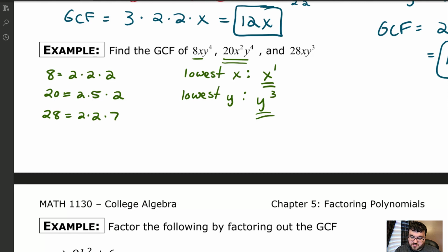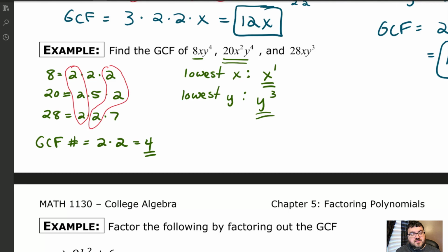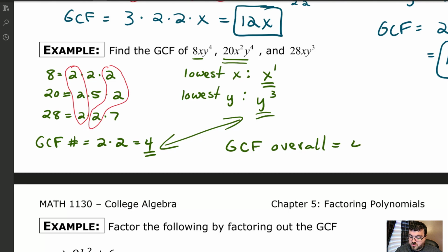The GCF of these numbers: we have 2's in common, and we have another set of 2's in common. So the GCF of the numbers is going to be 2 times 2, or 4. Some of you might be able to look at that easily and tell. So when we put these two things together, the GCF overall will be 4y to the third. Okay.